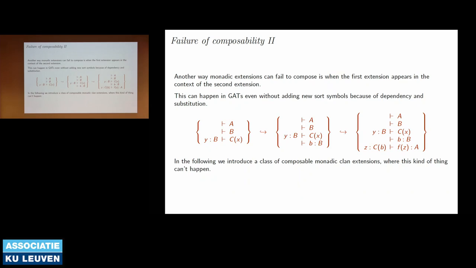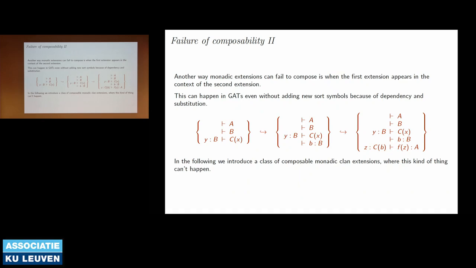And so basically we are creating a new substitution instance of this dependent type C by introducing a new constant. And so composing these two, we also get something that is not monadic. And that's the general problem with composing monadic extensions: we get these new substitution instances of dependent sorts, and they can cause problems.